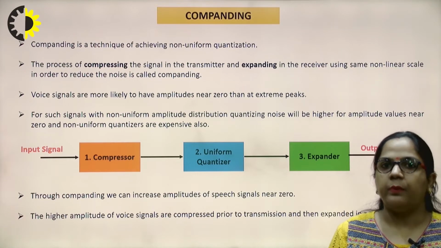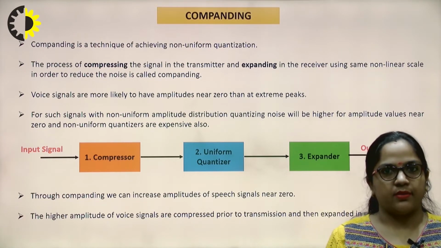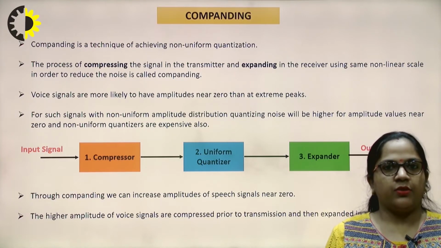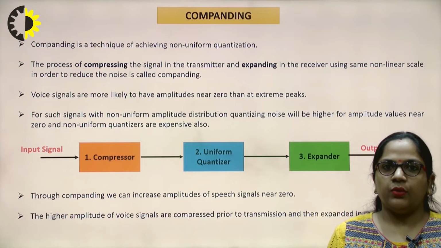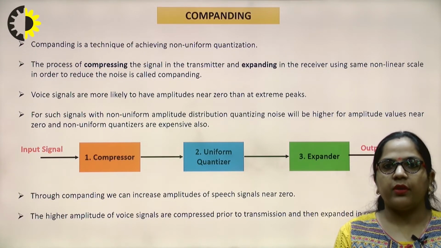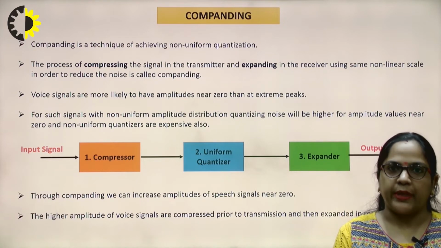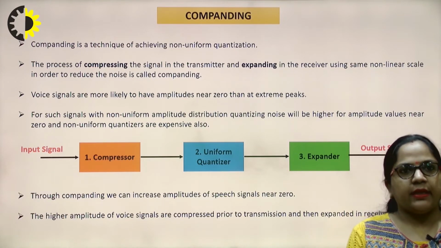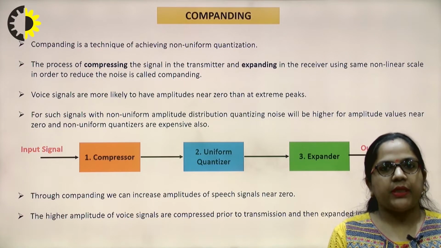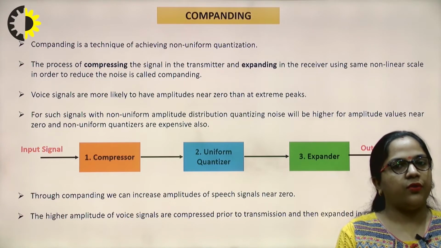So, we can opt for non-uniform quantizers. But non-uniform quantizers are quite expensive. So, what can we do for such signals? There is an alternative to the non-uniform quantizer, that is called companding. Companding is a technique with the help of which we can obtain the results of non-uniform quantization.